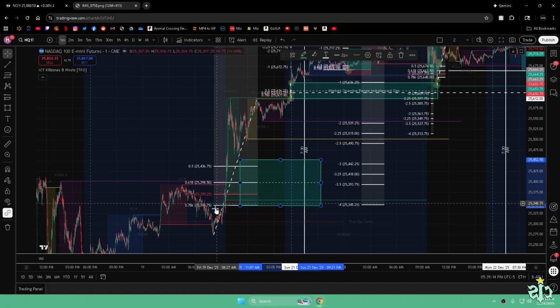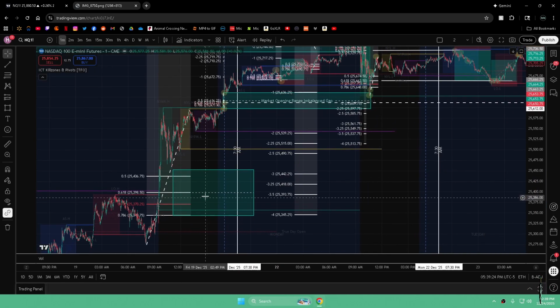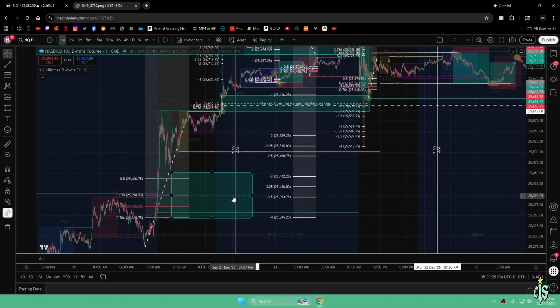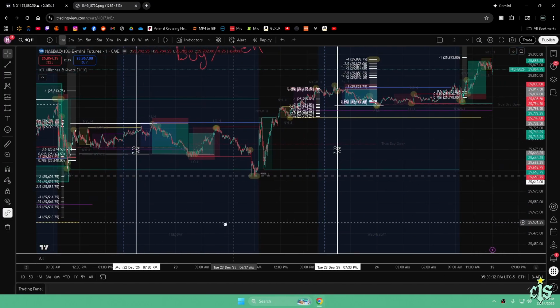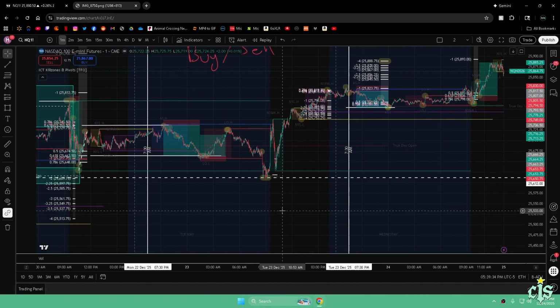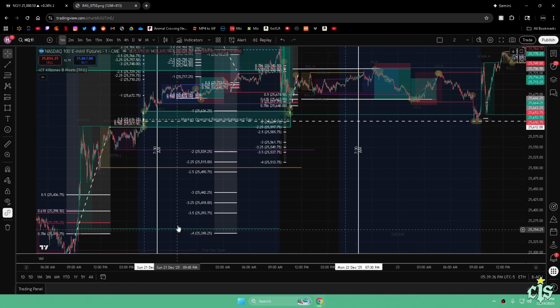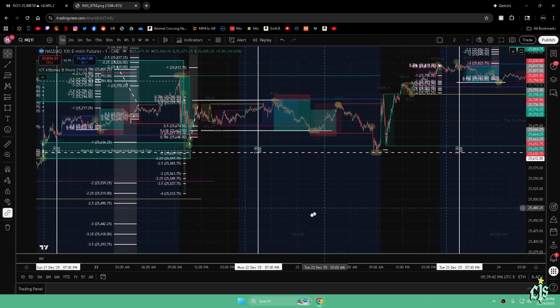Since this is a huge fib zone that we marked, we don't want to enter off 0.618, because it's too large and not precise. You would go in closer. Once it taps, you would wait for a sweep of a high or low, and then enter off a smaller fib zone.